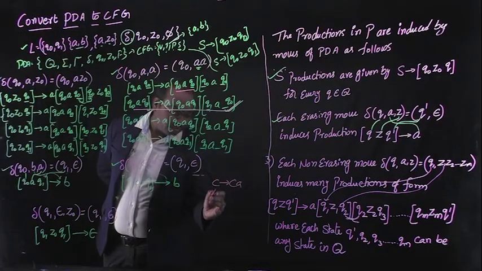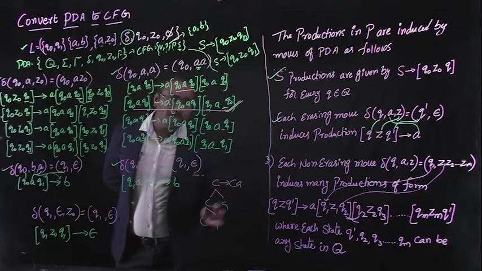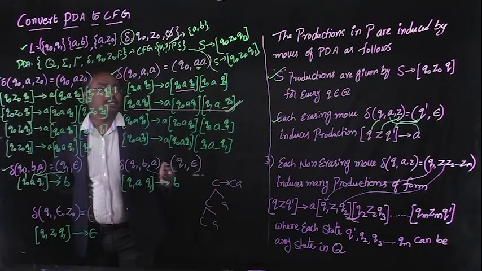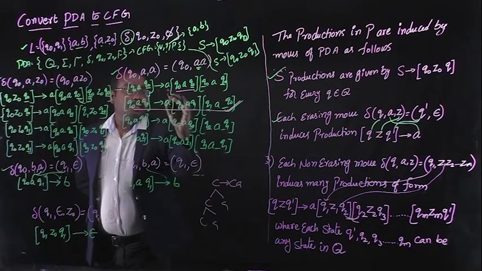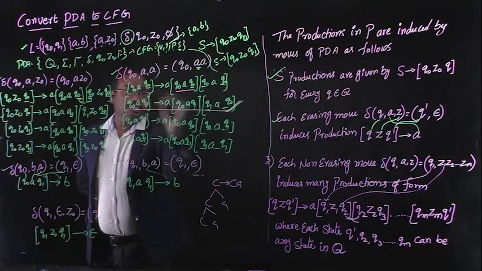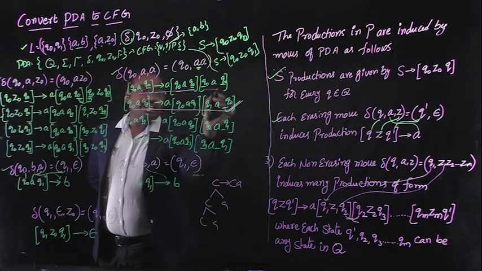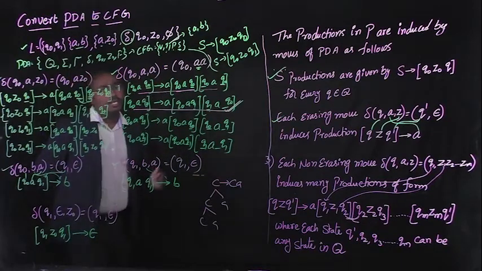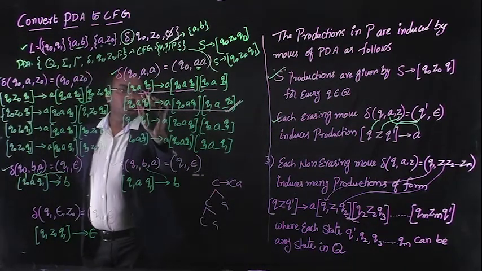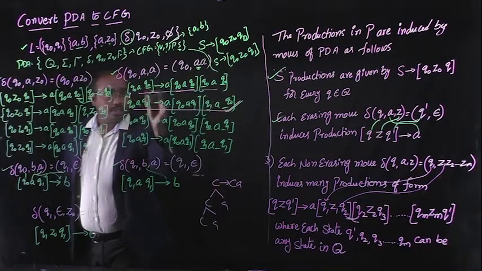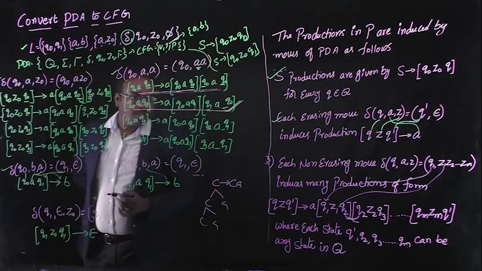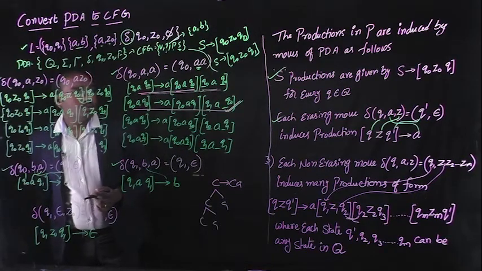Here we can derive CA, and again CA; it can never end with terminal symbols. Like this, [Q naught A Q naught] tends to A [Q naught A Q naught] [Q naught A Q naught], so this production rule is self-repeating and the entire production rule can be removed.